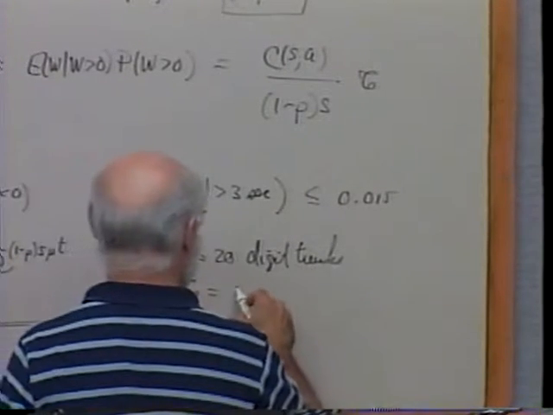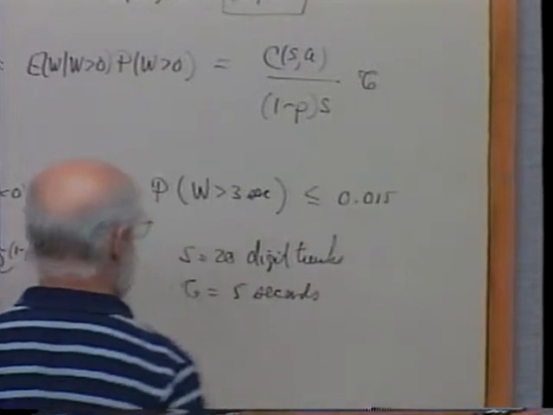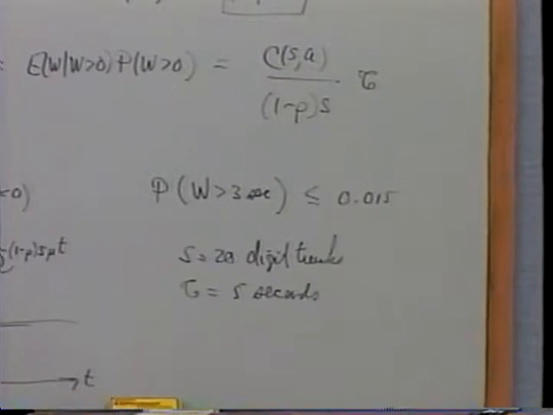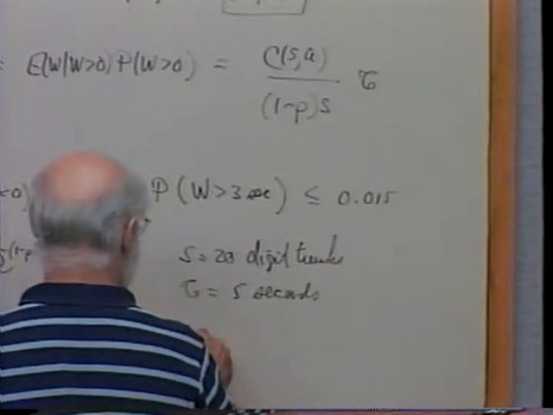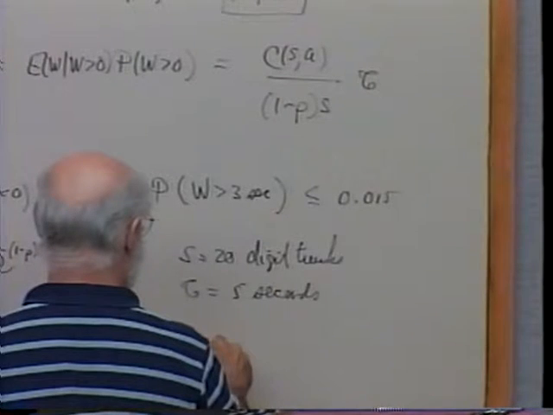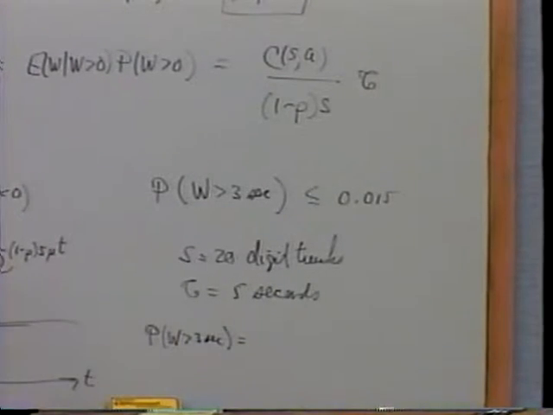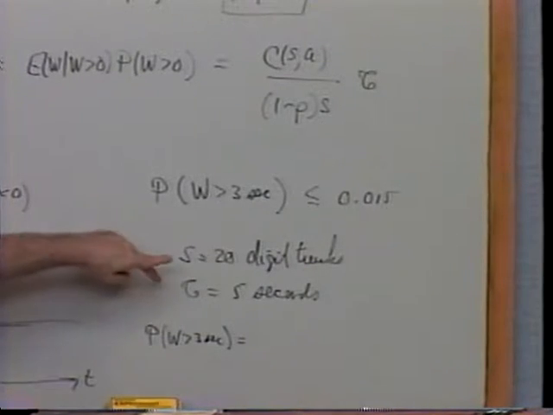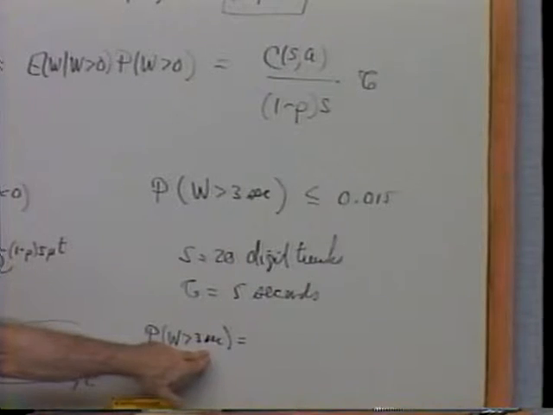So it takes 5 seconds to dial a call. We want to calculate the probability that the waiting time is greater than 3 seconds. Now, if the service time is 5 seconds, then 3 seconds is 0.6 service times.